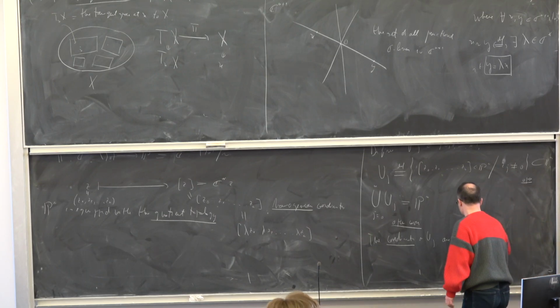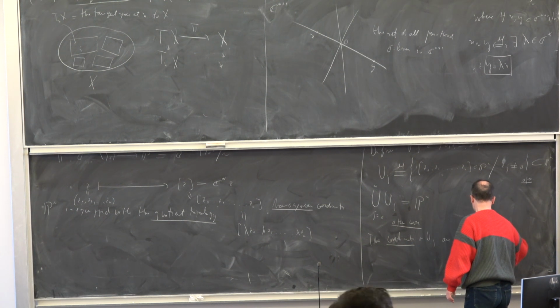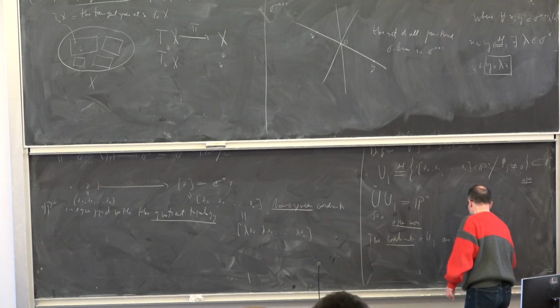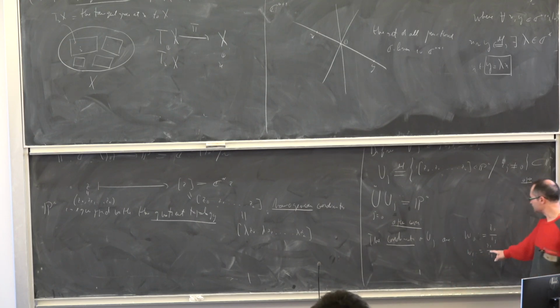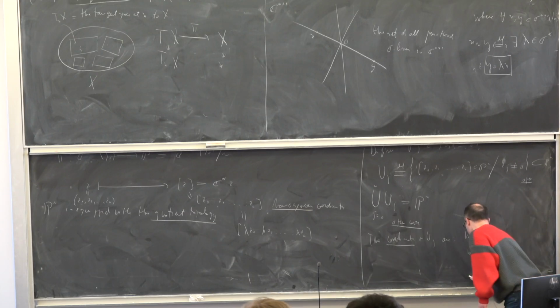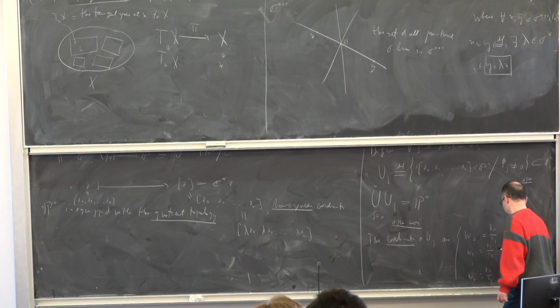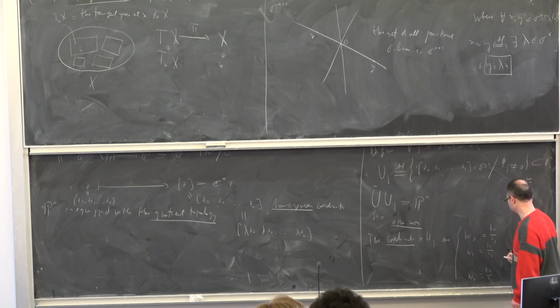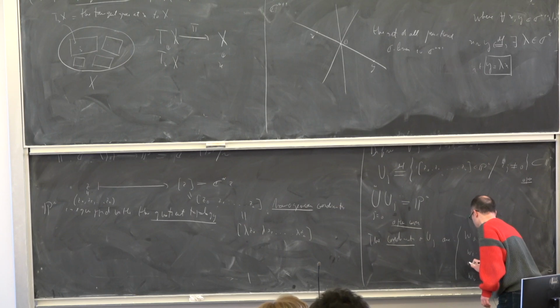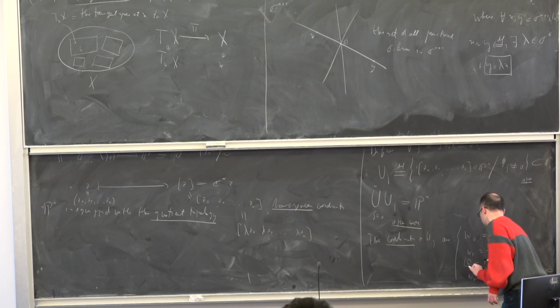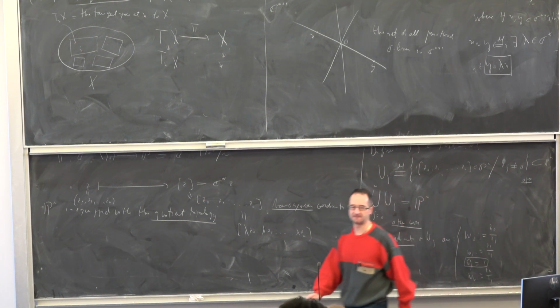And then we get coordinates w0 equal, by definition, z0 over zj, w1 equal z1 over zj, and so on. Now wj would be 1, right? But I simply forget it. And then the last one is wn, by definition, zn over zj. So we get coordinates with no wj here. I put a hat to say that I remove it, because wj would be 1, but this is a constant, it's not a coordinate.